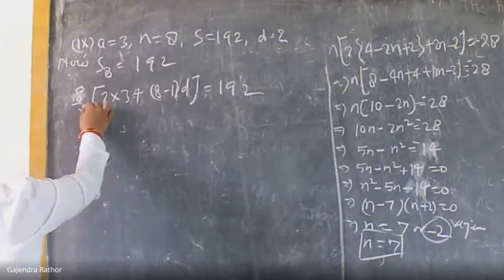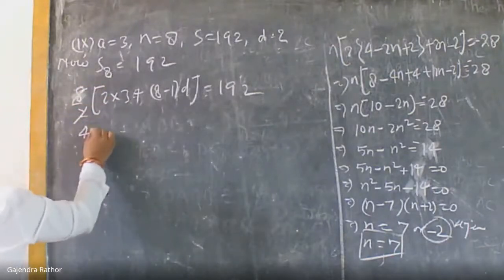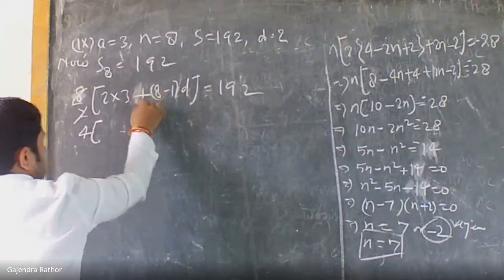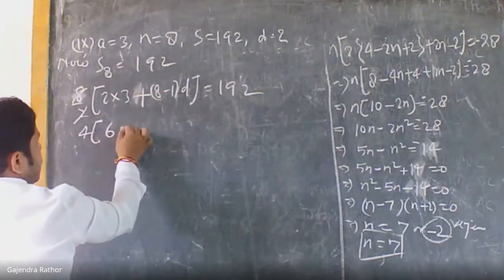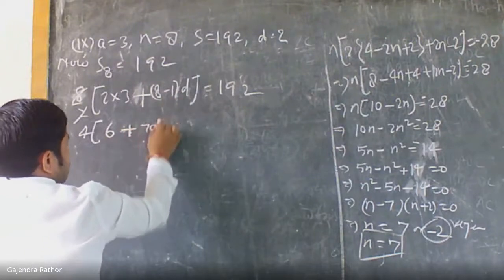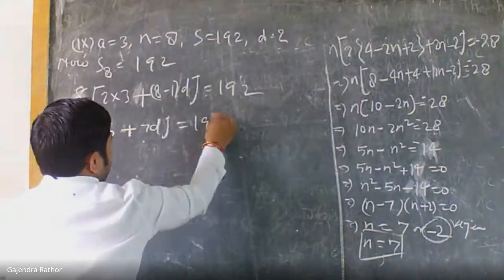Okay. First divide by 2: 2 4s are 8. Bracket 2 3s are 6 plus 8 minus 1, 7, into d is equal to 192.